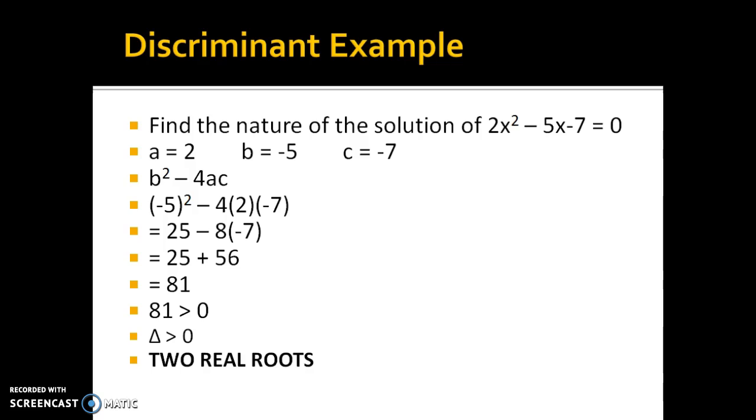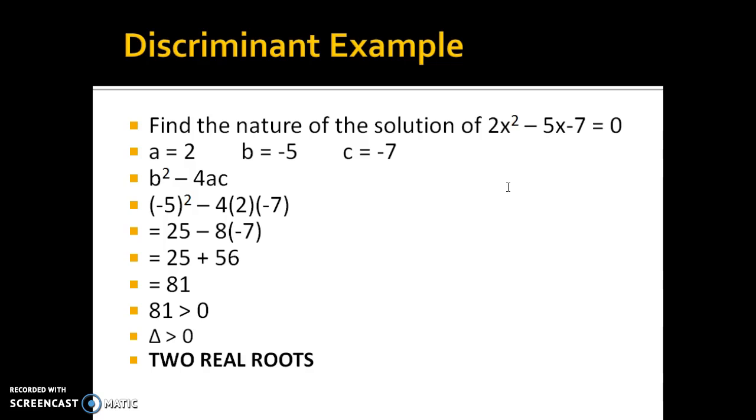So here's another example from the textbook, page 51, number 5: find the nature of the solution of 2x squared minus 5x minus 7 equals 0. Let's pull the a, b, and c values from the standard form. You know that a is 2 because it's 2x squared, b is negative 5, and c is negative 7.